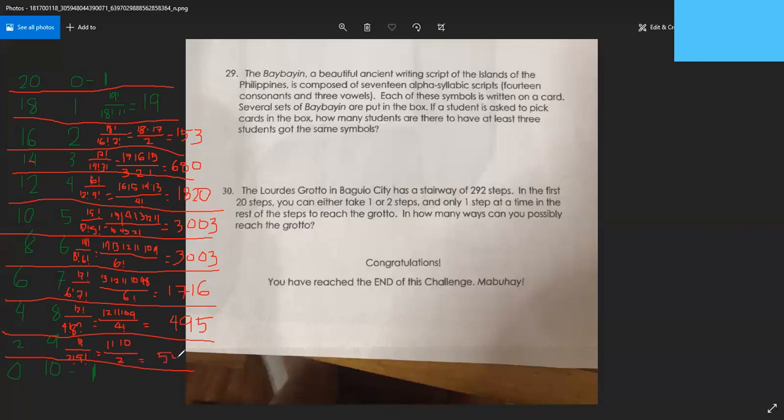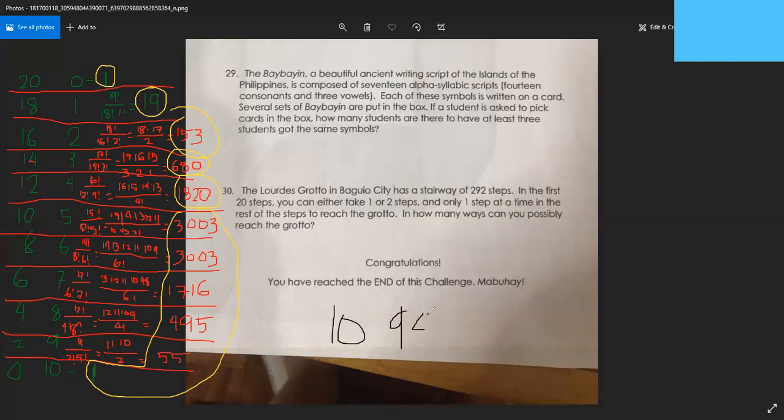So we now have a complete set of numbers. What we will do now is simply add these numbers that I'm going to encircle: 1, 19, 153, 680, and so on. If you add these numbers that I encircled, the answer will be 10,946.